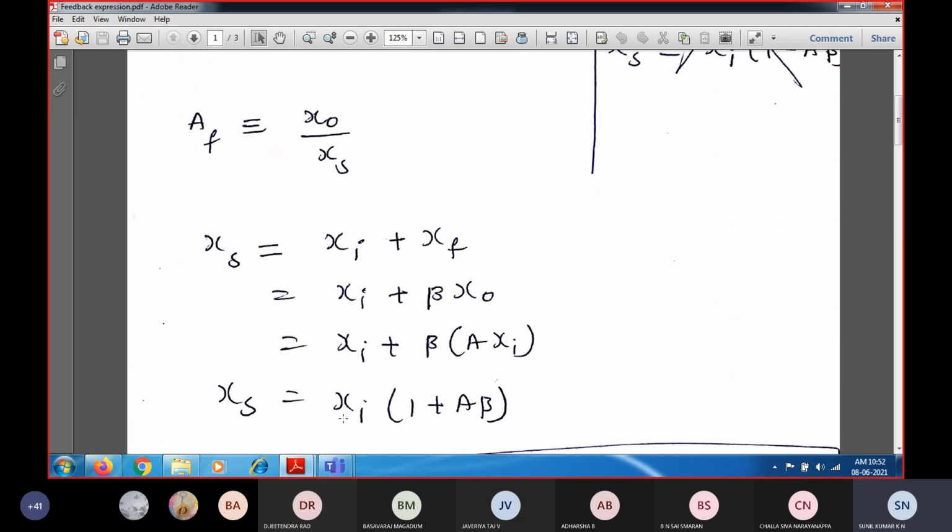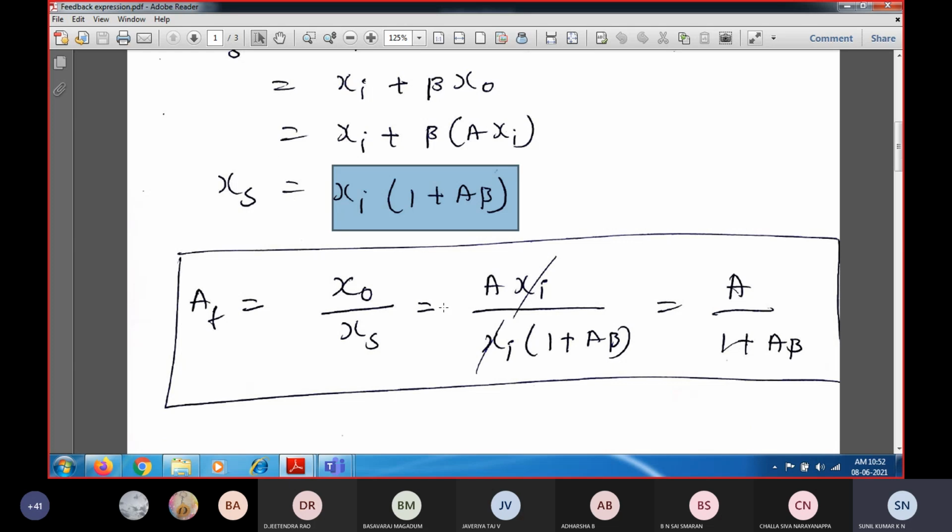Totally you will have xi as a common factor, which gives 1 plus A into beta. So xs can be written as xi into 1 plus A beta.